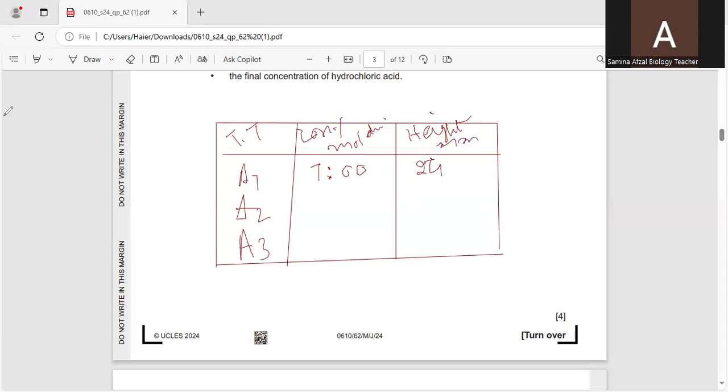So in A2, the concentration is 0.10 and the height is 14 millimeter, and in A3 the concentration is 0.01 and the height is 5. So in this way we have measured the height with the help of a scale. Now we are moving towards the next question.